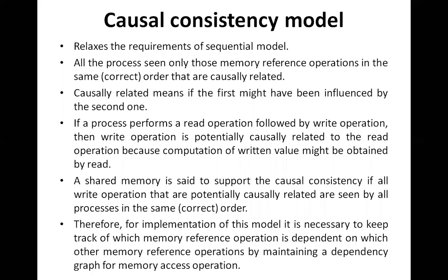So what is the meaning of a memory reference operation being potentially causally related? A memory reference operation is said to be potentially causally related to another memory reference operation if the first might have been influenced in any way by the second one. Let us take an example: if a process performs a read operation followed by a write operation, then the write operation is potentially causally related to the read operation, because the computation of the value written may have depended in some way on the value obtained by the read operation.